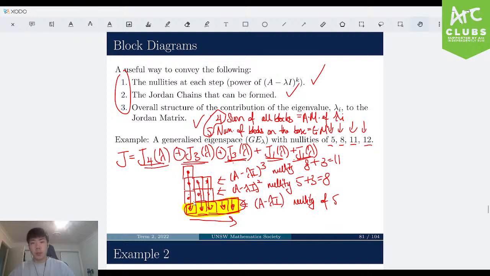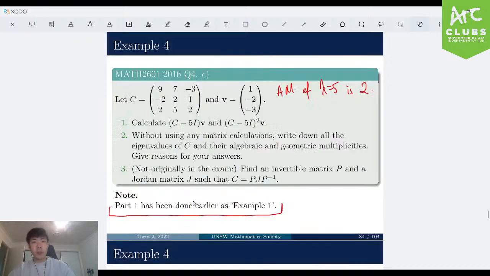Which means that if we already know that there's a Jordan chain of length 2, then the block diagram for lambda equals 5 must have one block on the base, one block on the level above, because this has a nullity of 1, this has a nullity of 2.